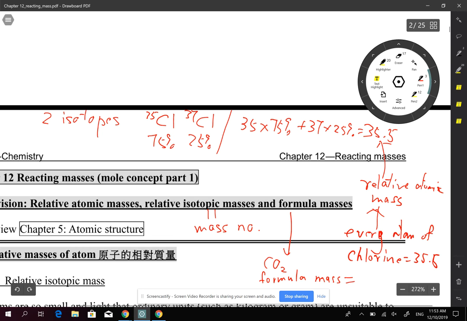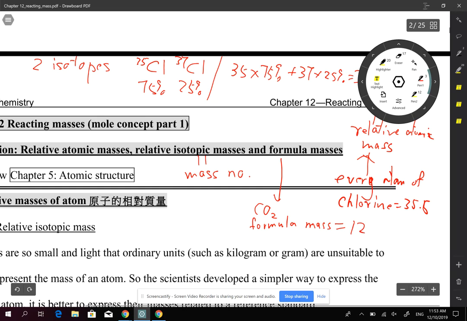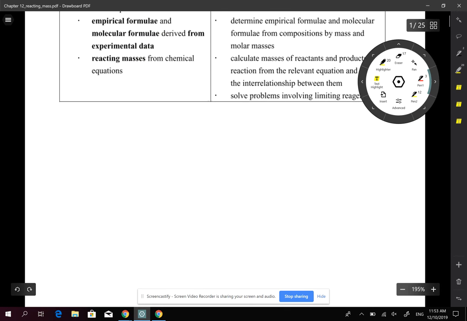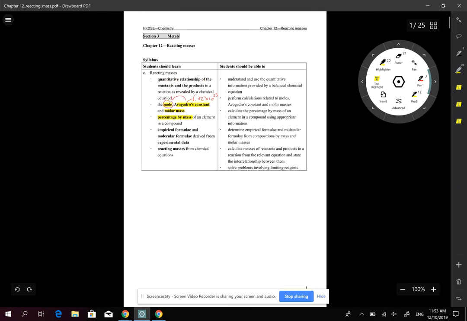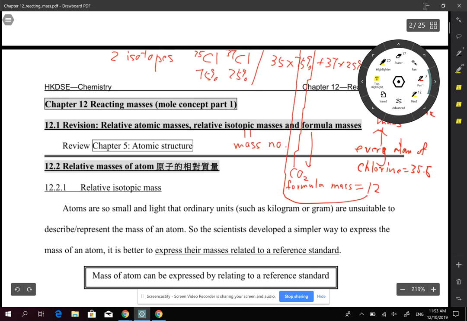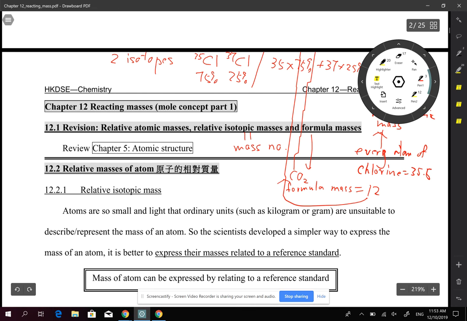So it equals 12, which is related to carbon, plus 16 times 2, which is related to oxygen. Just add them together. What is the mass of that formula? That is the total mass of that formula. So it equals 44.